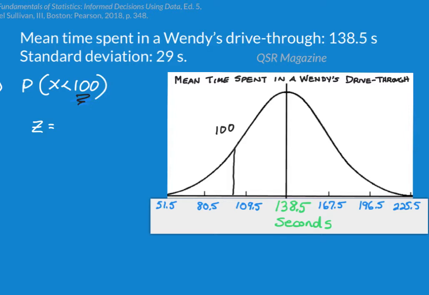I'm going to take the number in which I'm interested, 100, subtract 138.5, which is the mean, from it, and divide by the standard deviation. Z equals negative 1.32759.